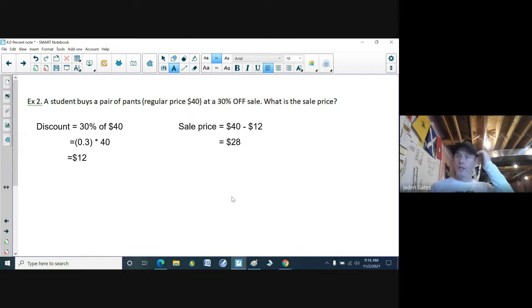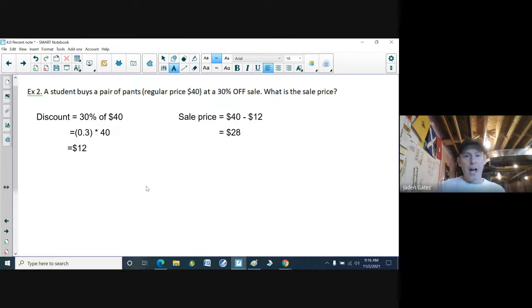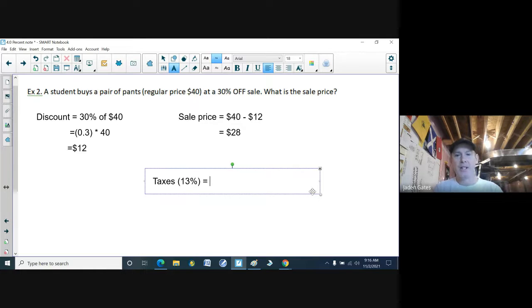There we go. Now, we could also find the final price because taxes, not sure if you know this, are 13%. If I wanted to find the taxes on this pair of pants, I would look at 13% of our sale price, which is $28. Again, I have to convert my percent to a decimal.